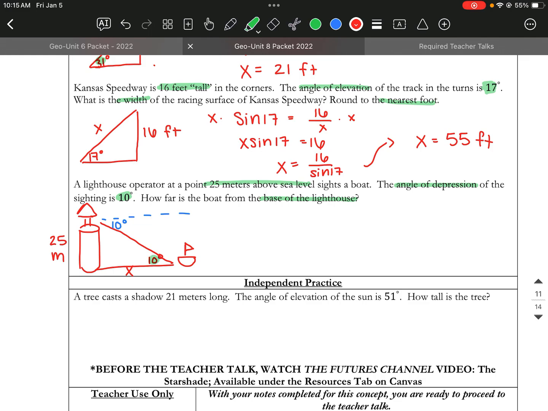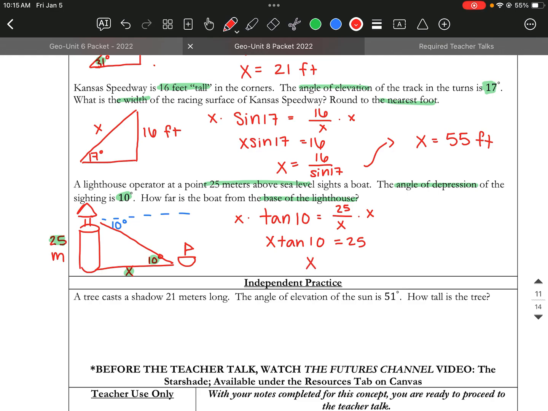From our angle in the triangle, 25 is the opposite and x is the adjacent. Using opposite and adjacent, we want to set up our problem using tangent. So tangent of our angle measure, 10, equals the opposite, 25, over the adjacent, x. Multiply both sides of our equation by x, so that x tan 10 equals 25.